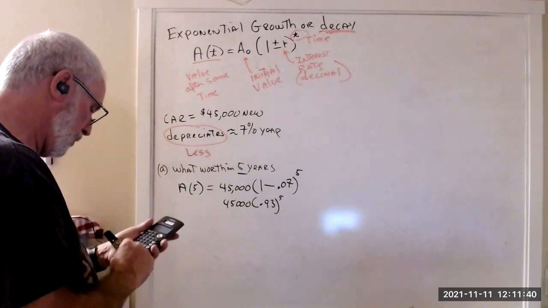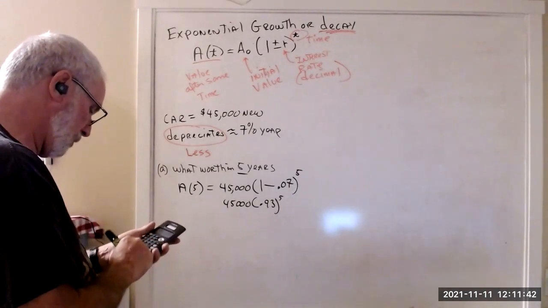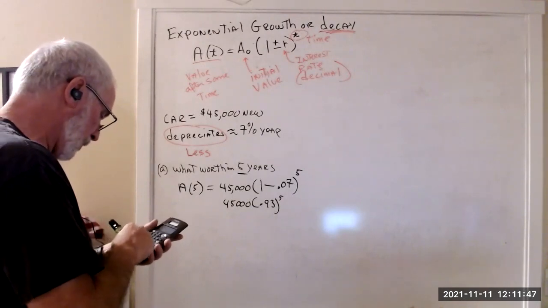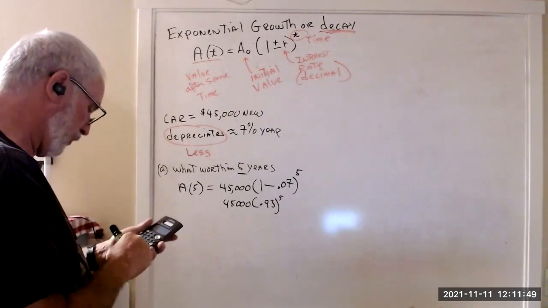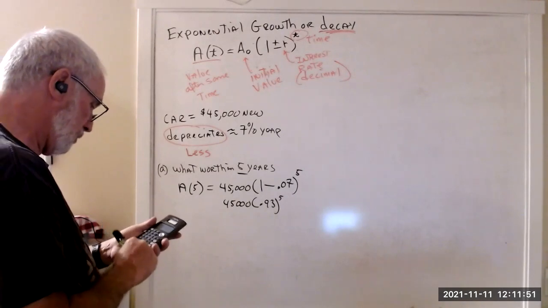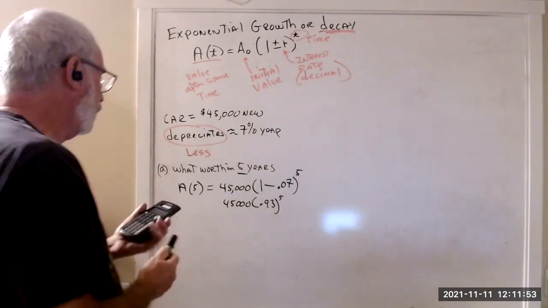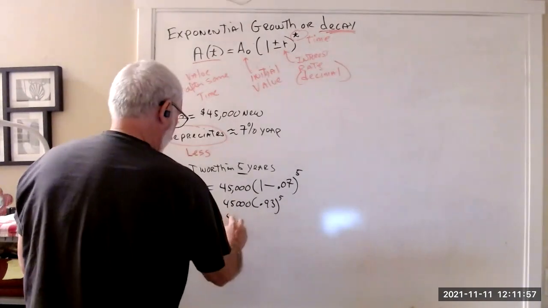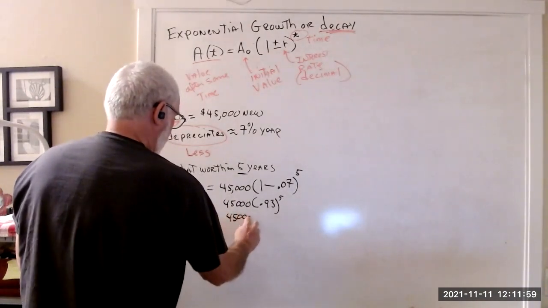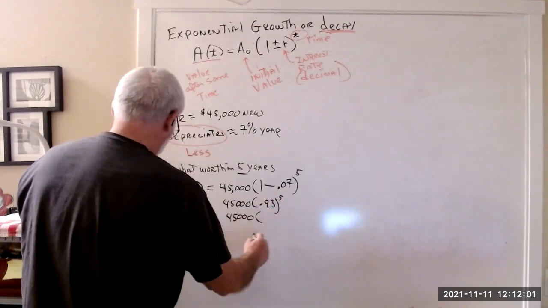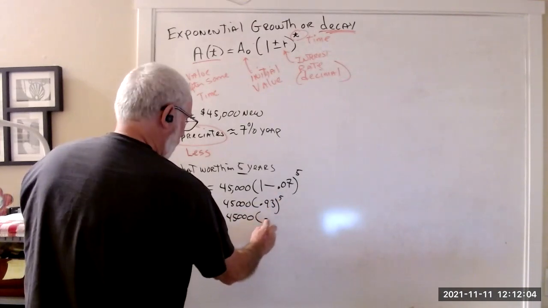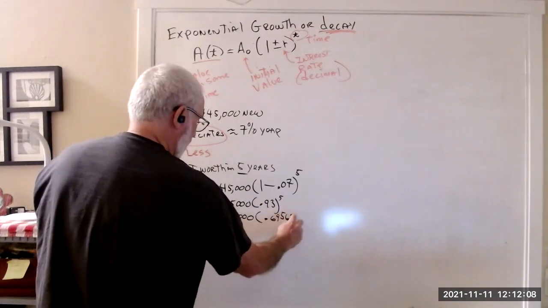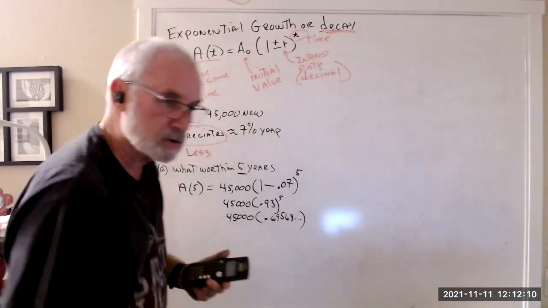If you're following along on your calculator, I have 0.93 to the fifth power is about 0.69568 something. Okay.